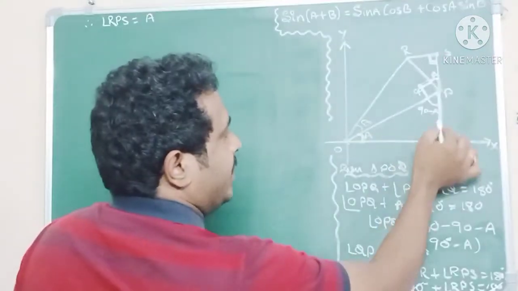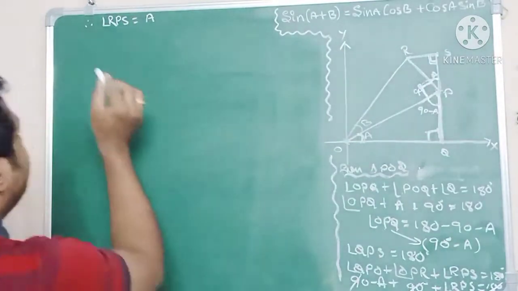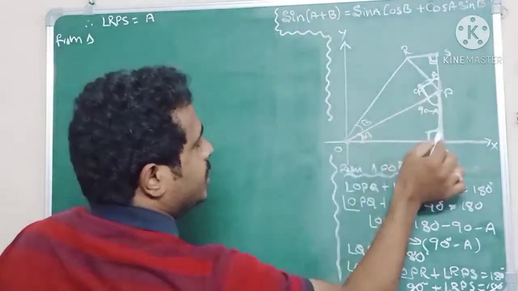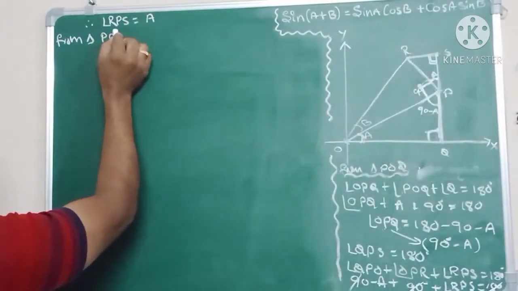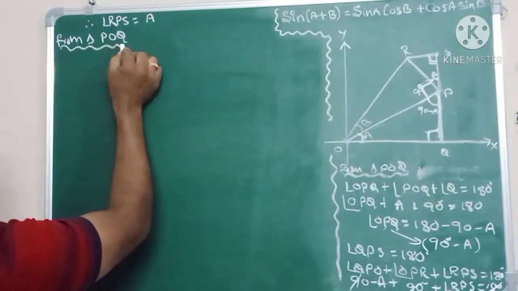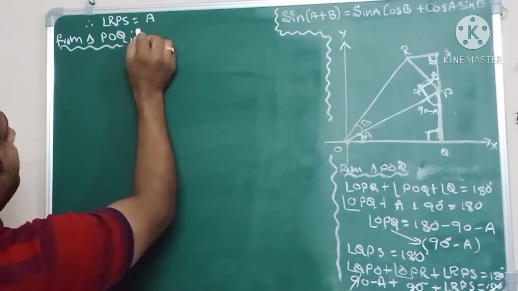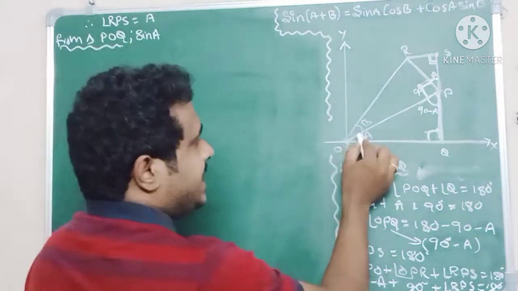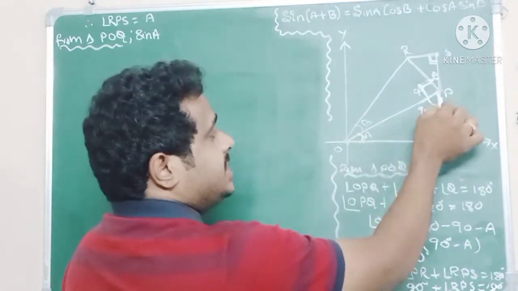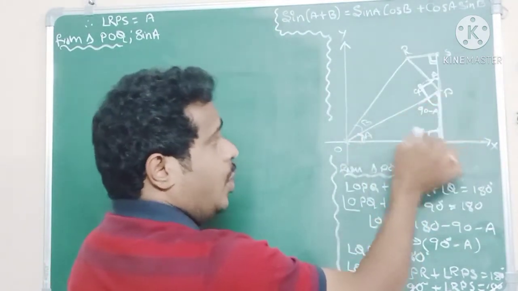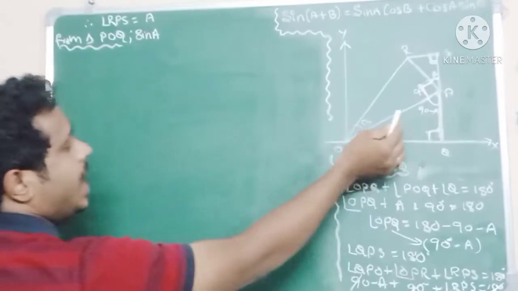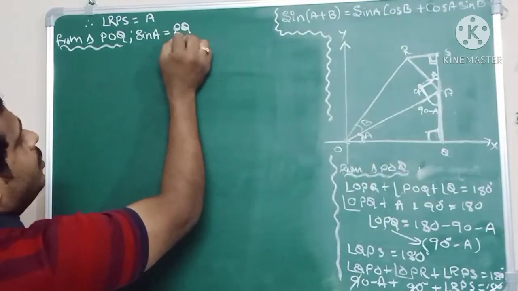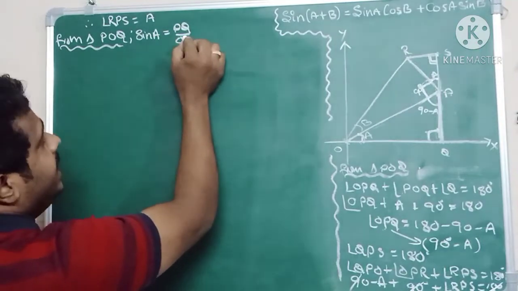Now take separately one right angle triangle, triangle POQ. From this triangle, find the sin A ratio. Sin A means the opposite side to A over the hypotenuse, that is PQ by OP.